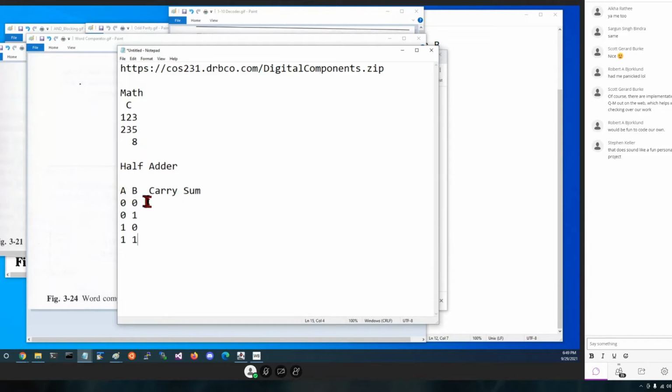I'm adding A and B together, and they're zeros. The carry will be a 0, and the sum will be a 0. If I add A and B together and one of them is a 1, carry is a 0, sum is a 1. And finally, if I add up the two numbers and they equal 2, carry is a 1, sum is a 0.